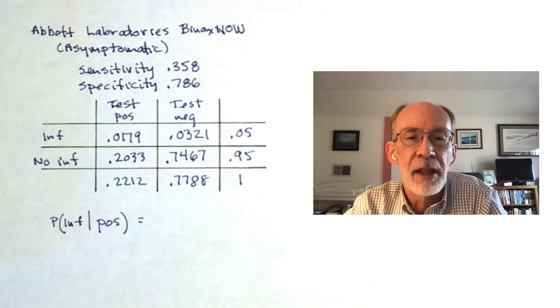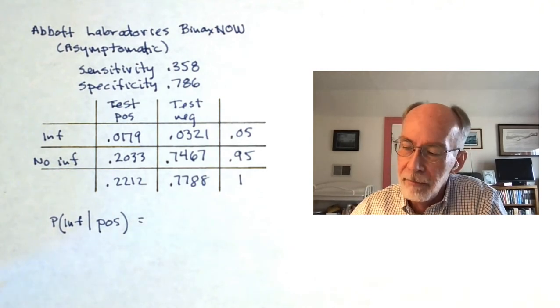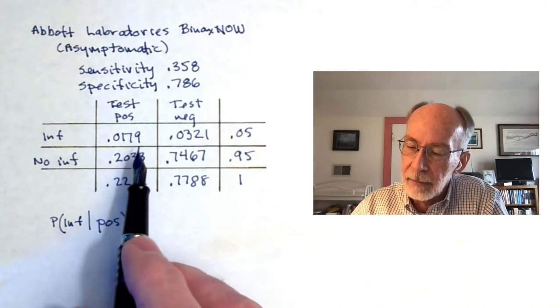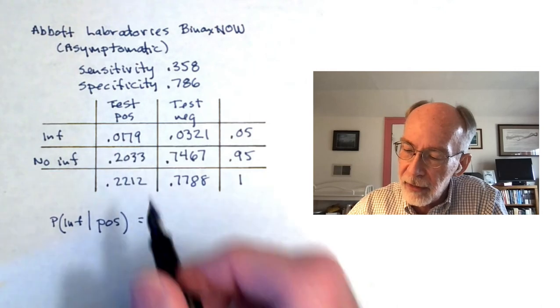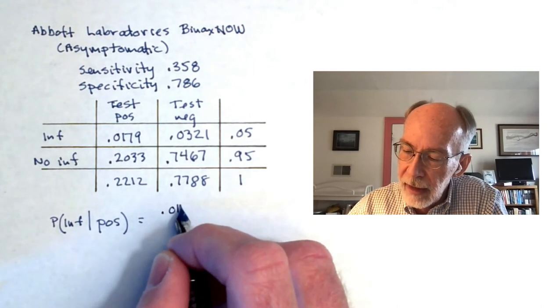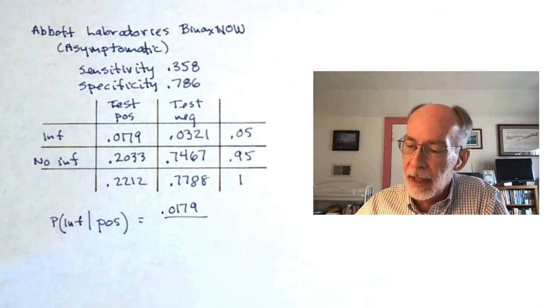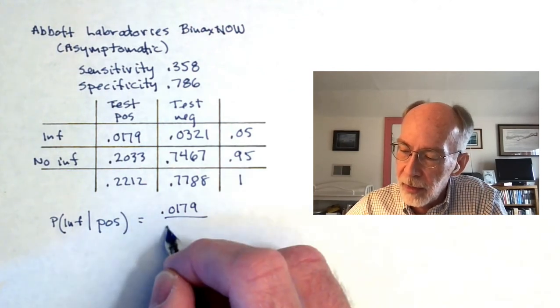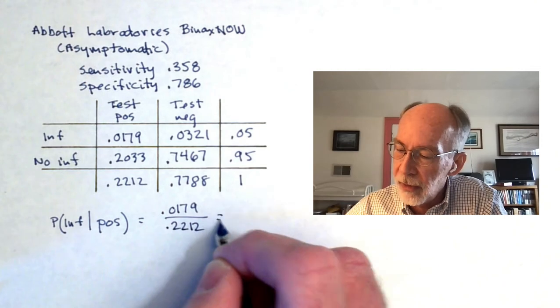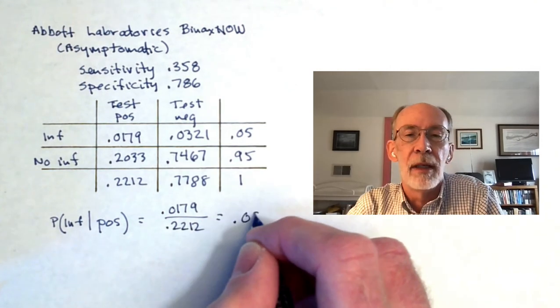What's the probability that they're actually infected? That is going to be the probability that they're infected and positive, 0.0179, divided by the probability that they are positive, which is 0.2212. And this works out to be about 0.08.